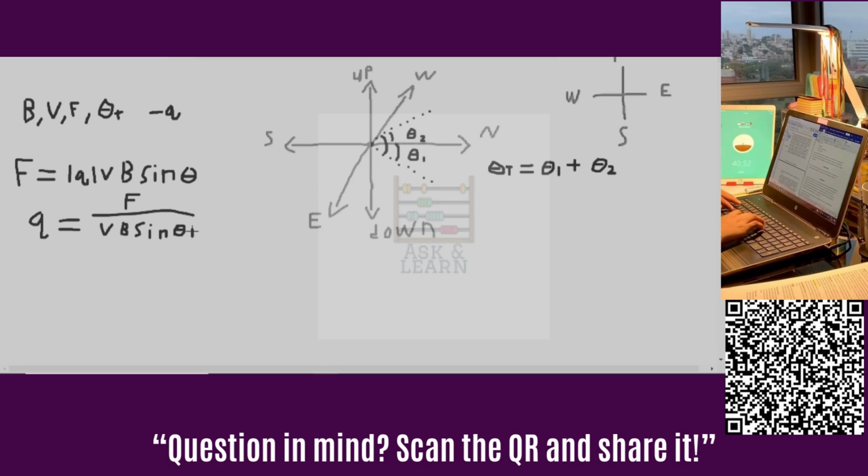And this will give you the magnitude. So you get the sign of the charge from the right-hand rule, and you get the magnitude of Q. This is just the magnitude. So we know it has to be negative. Minus Q. And there you have it.